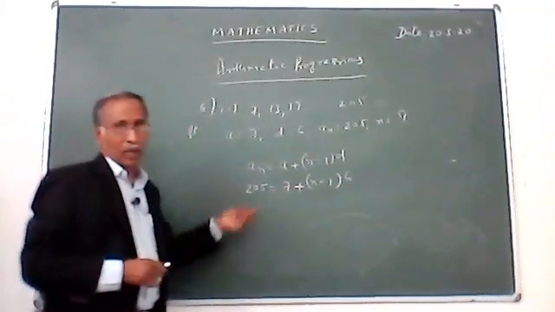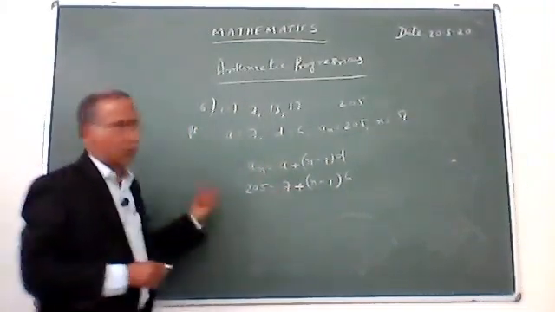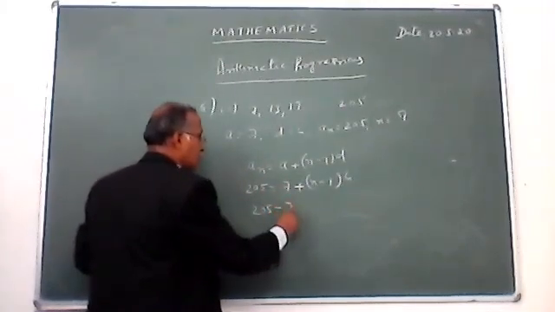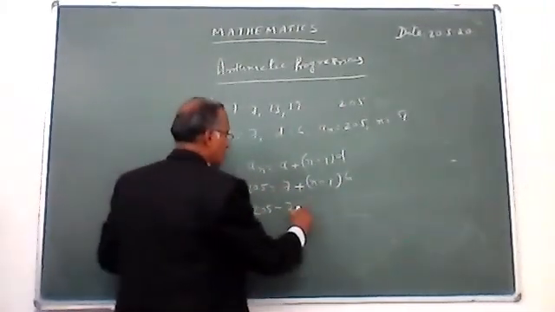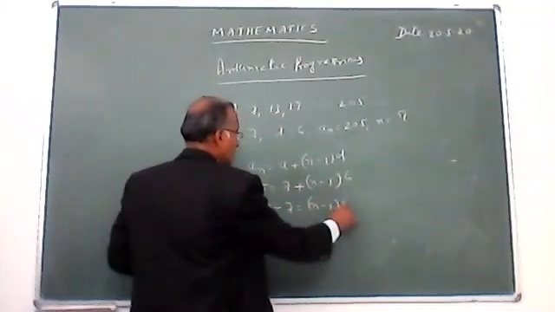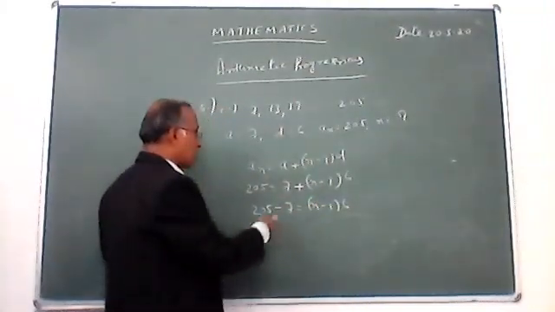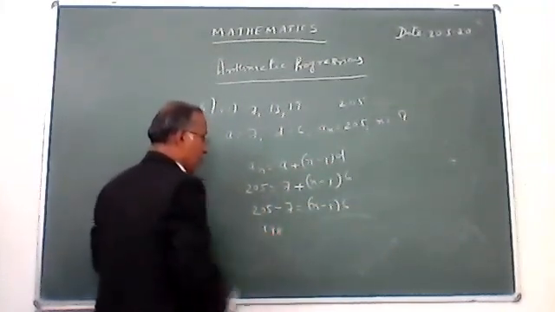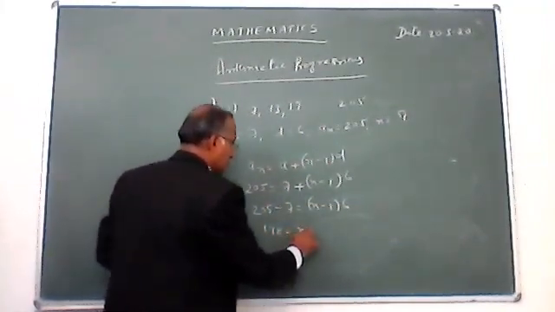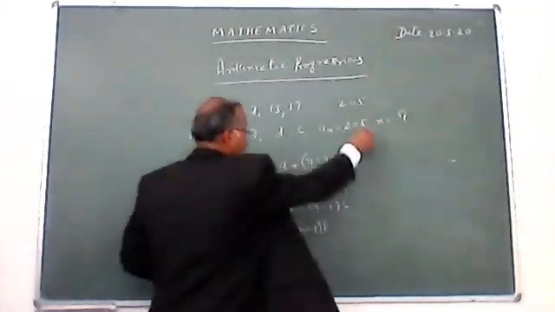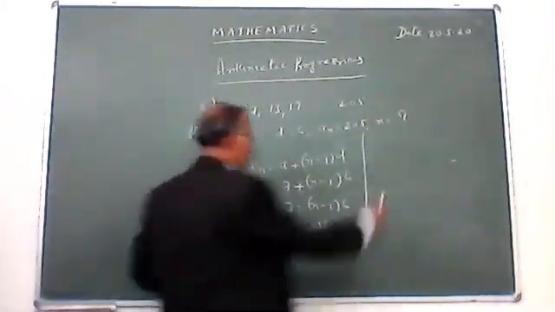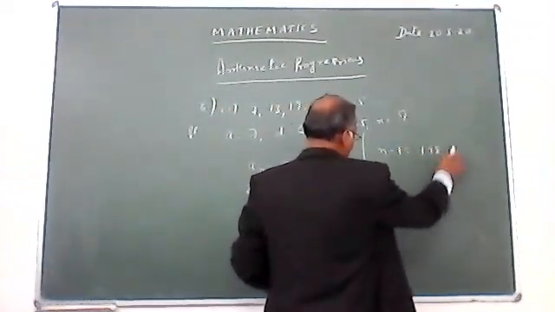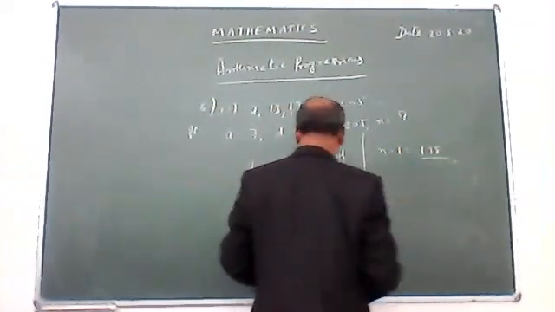Now do the simple mathematical fundamental operations to get n. 205, transpose 7 as minus 7, which is equal to n minus 1 into 6. 205 minus 7, 15 minus 7 is 8, 9, 198 you can get, which is equal to n minus 1 into 6. Yes, now n minus 1 is equal to 198 by 6. How much do you get?